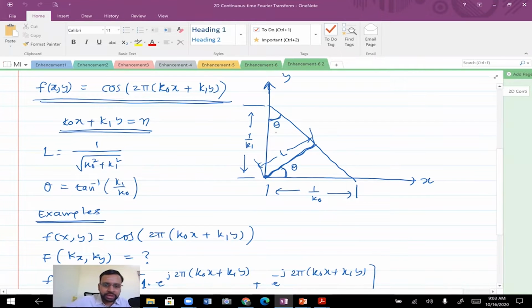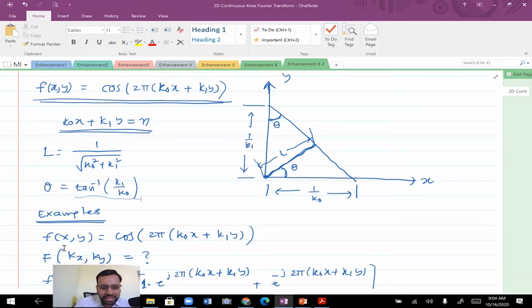This orientation is equal to tan inverse of k1 by k naught. We also figured out the periodicity of this function in that orientation, which turned out to be 1 by square root of k naught square plus k1 square. Is everyone fine with this?